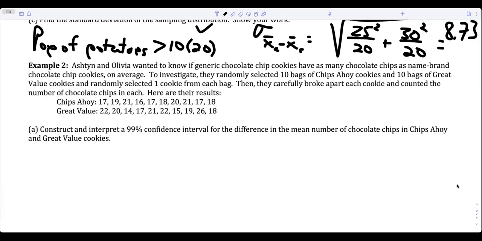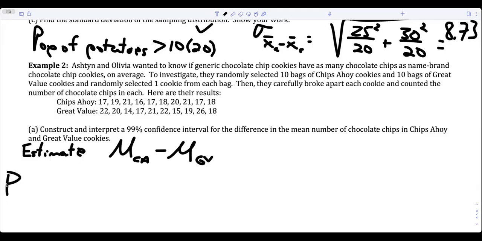All right, so I want to estimate the mean of Chips Ahoy minus the mean of Great Value. And so I'm going to do a confidence interval. So I'm going to do PANIC here. So let me define these.